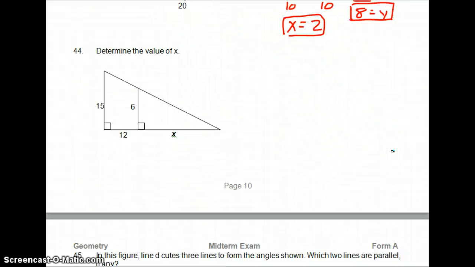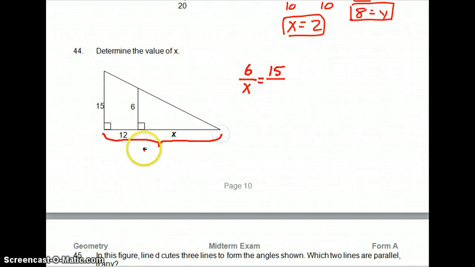44. Two overlapping triangles here. We know the sides are going to be proportional. So for the little triangle here, we have 6 over x. We're going to set that equal to 15 over the whole bottom, which is going to be 12 plus x.